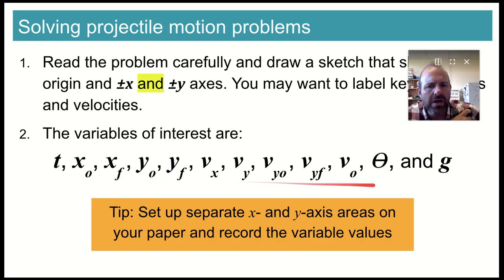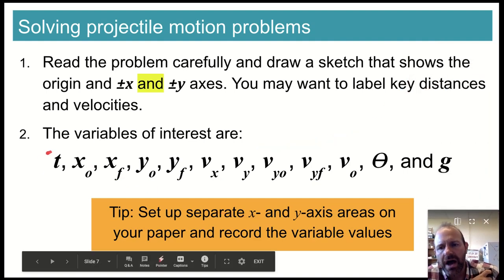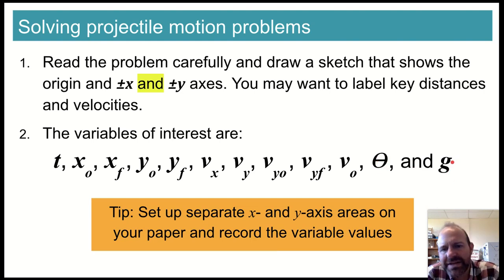If we look at all of these variables here, of which there are a lot, time, angle, little g, right, are pretty straightforward. The rest have subscripts that tell you what they mean. And so we basically doubled the variables of position and velocity to initial and final positions in both the x and y, initial and final velocities in both the x and the y.